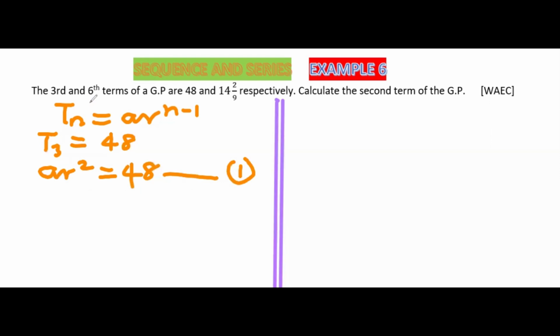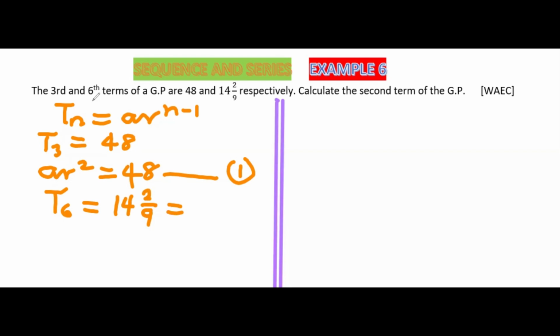We also say the sixth term, T subscript 6, is given as 14 whole number 2/9. It's advisable we convert this immediately to an improper fraction. 9 times 14 gives us 126.